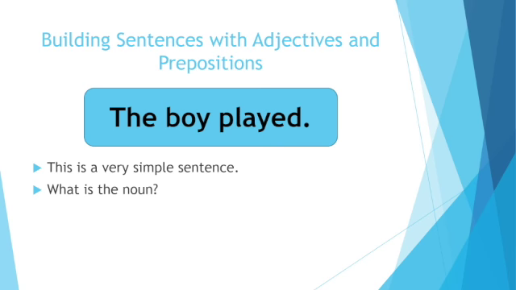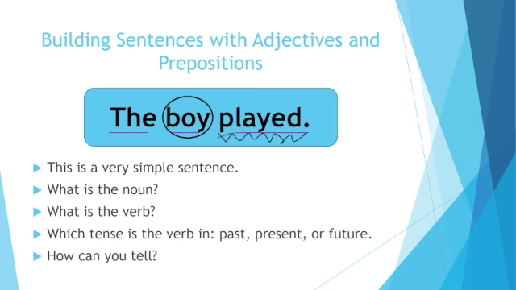Let's do another. Read this sentence with me. The boy played. Ooh, there's a big clue here. What's the noun? Good. The noun is boy. What's the verb in this sentence? Very good. The boy played. Played is our verb. Now, which tense is the verb in?